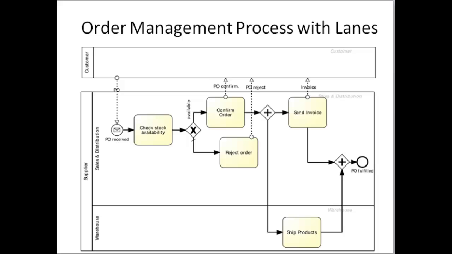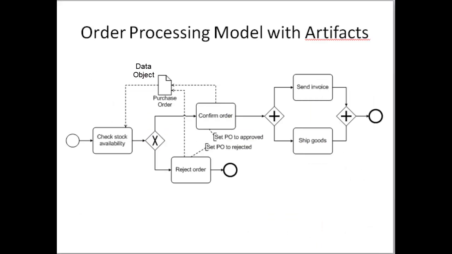The order details are sent to the warehouse department that returns an availability notification. If the purchase order is confirmed, the warehouse department collects the shipping details from the customer and ships the goods. The sales and distribution department sends an invoice to the customer, who then makes the payment.